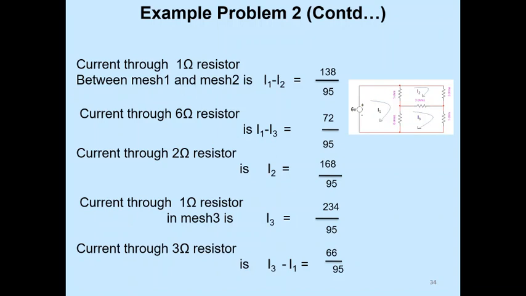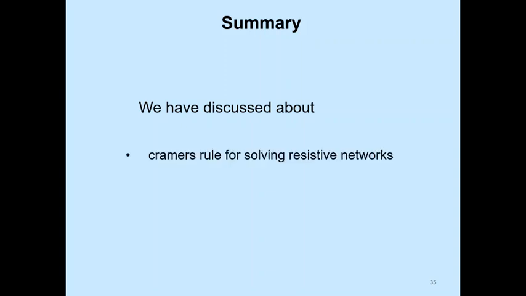After finding I1, I2, I3, we can find the current through or voltage across an element depending upon the circuit. So now we have discussed Cramer's rule for solving resistive networks.